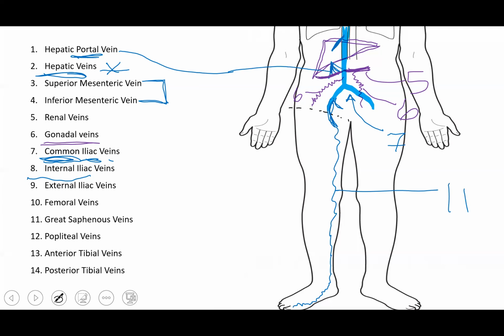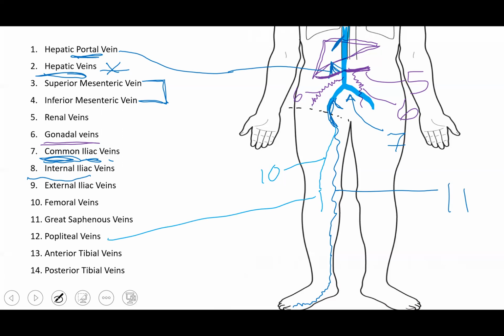Okay, the other branch, which I'm going to draw as a separate color here, is going to branch and travel around to the posterior side of the leg, all right, traveling down parallel to the femur. Therefore, we call this the femoral vein. And again, on the posterior side of the leg, passes behind the knee in the popliteal region, so a popliteal vein.